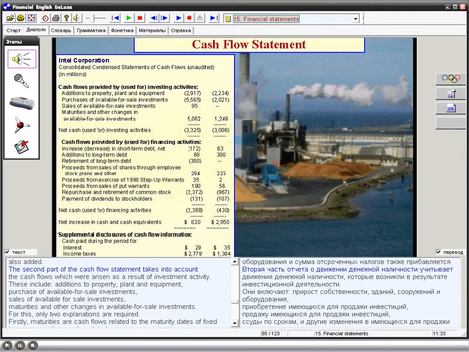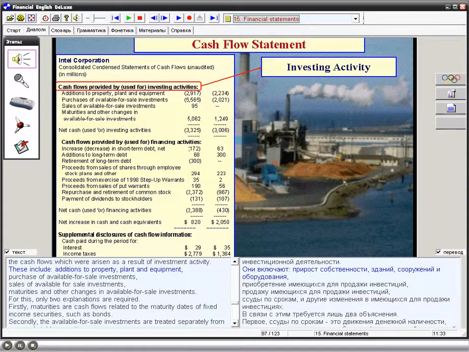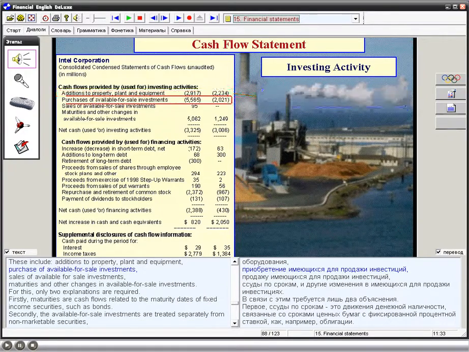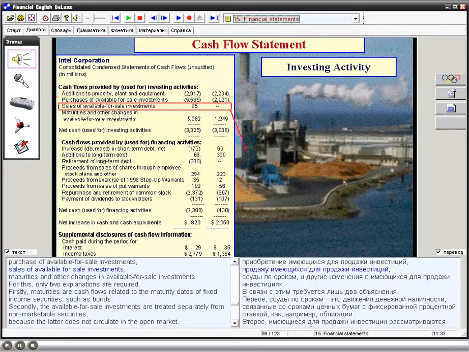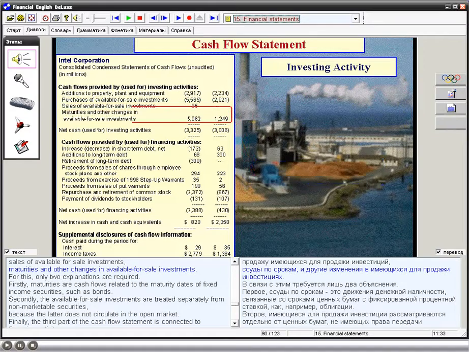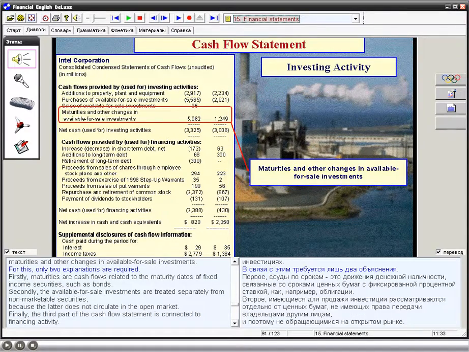The second part of the cash flow statement takes into account the cash flows which have arisen as a result of investment activity. These include additions to property, plant and equipment, purchase of available-for-sale investments, sales of available-for-sale investments, maturities and other changes in available-for-sale investments.